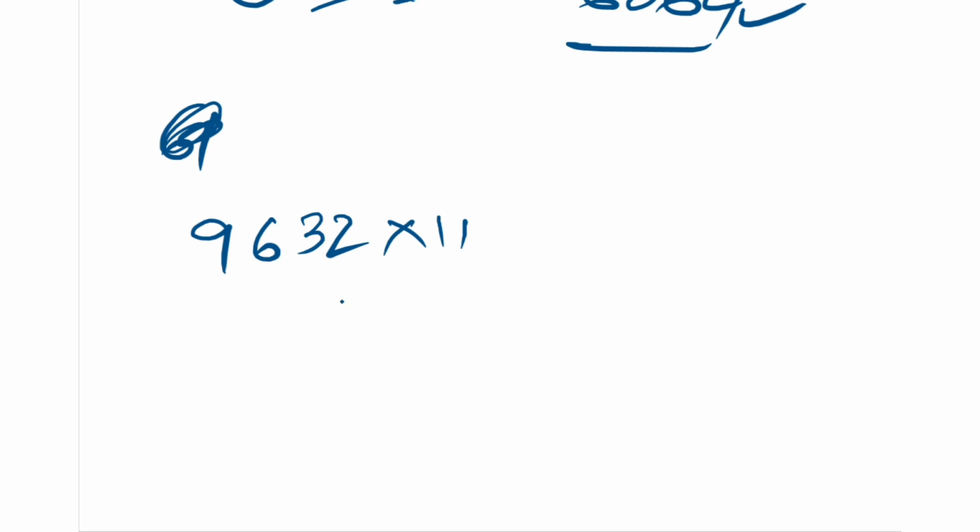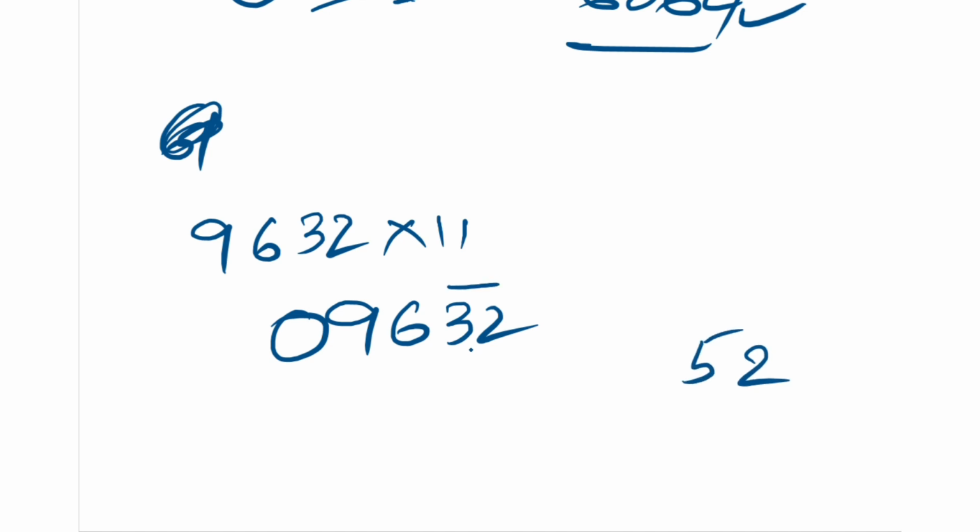So what I did here: take the initial value 9632 and add 0 in front of it, and take each number. First I need to write 2 over here, and take two numbers and add them. So 15. 9 plus 6 would be 15. If you have an extra number, you need to carry that one to the next number. So it will be a carryover.